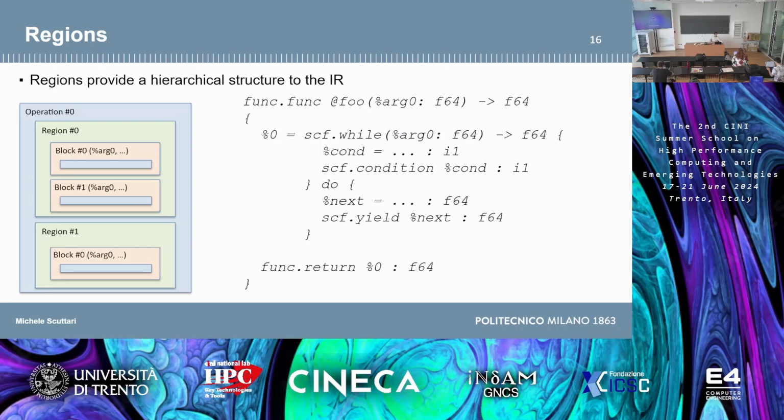It does something, the prologue and the epilogue of the function, but the majority of its work is performed in the region, which in this case contains a while statement, which has multiple regions, each with one block. These regions perform the condition and the body of the while, essentially.